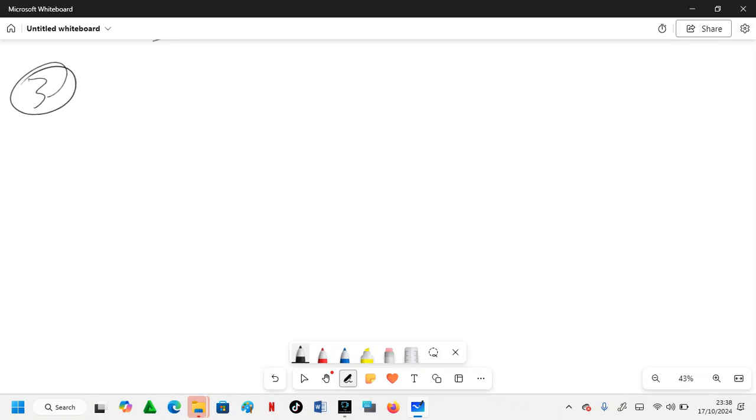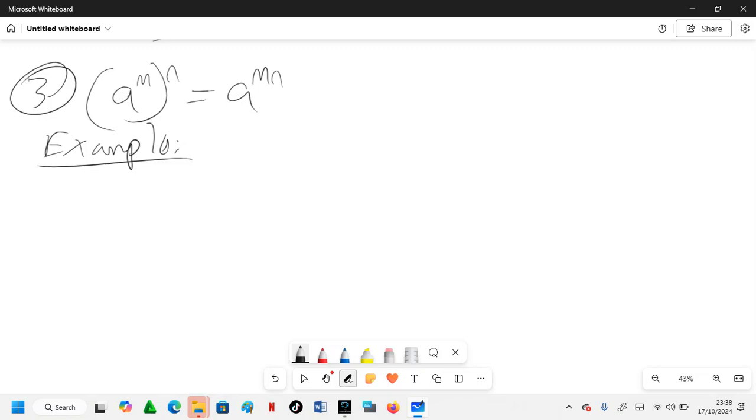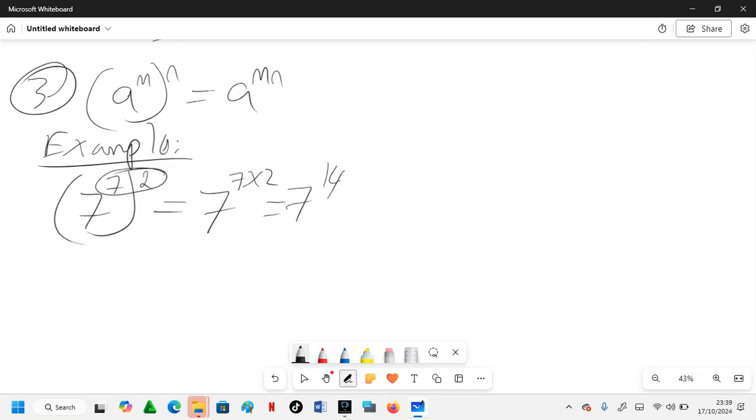Right. And the power law states that if you have a to the power of m and you're raising it to another power of n, what you need to do is to multiply the powers, right? For example, if you have, say, 7 to power 7, and you're raising that again to power 2, you're going to have to multiply the powers so that you have 7 to power 7 times 2, which is 7 to power 14, right?